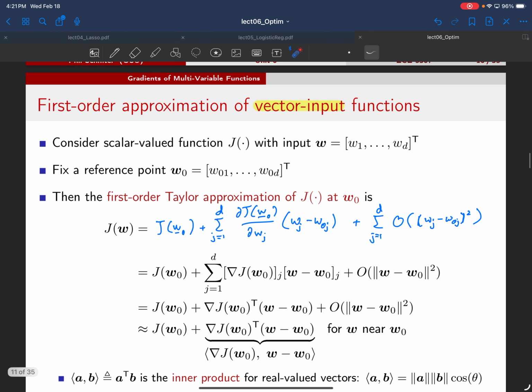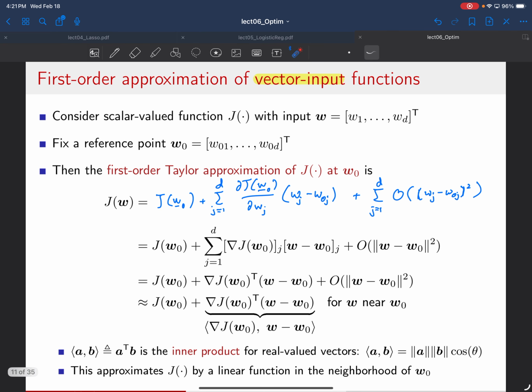Okay, now we can rewrite this in a way that might bring us some intuition. So the first thing we can notice is that this quantity is the jth element of the gradient vector evaluated at vector w naught, right? Jth entry of the gradient vector based on how we define that gradient vector. And this is the jth entry of the deviation vector w minus w naught. And so that means that this term here has this form, which looks like a product of one vector times another with a transpose, right?